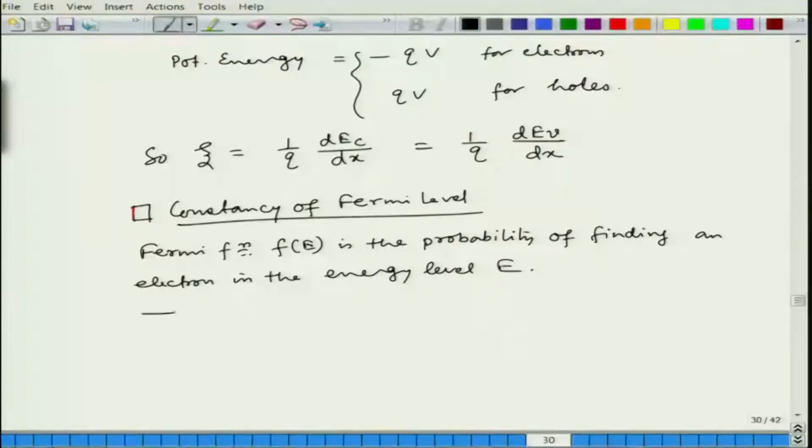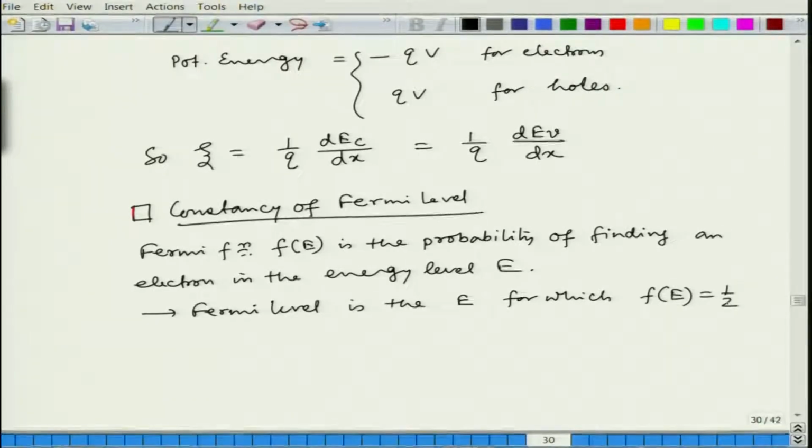So, and Fermi level is what? Fermi level is the energy E for which this probability is half, right. So, it is one point on that Fermi function, a particular value of that Fermi function, which we call Fermi level.